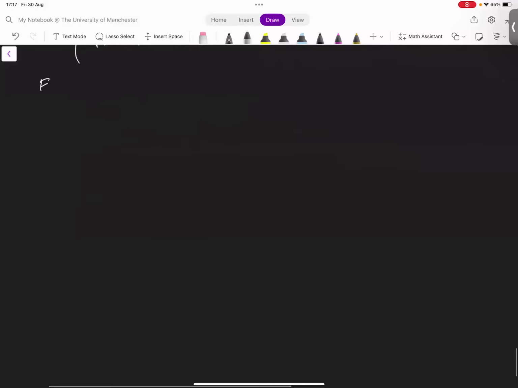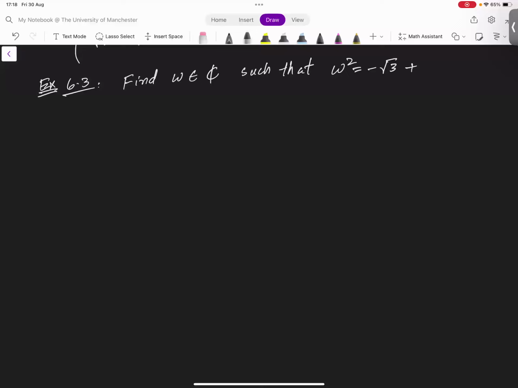We can do another example, which is 6.3, which says: find a complex number W inside C such that its square is minus under root 3 plus iota.